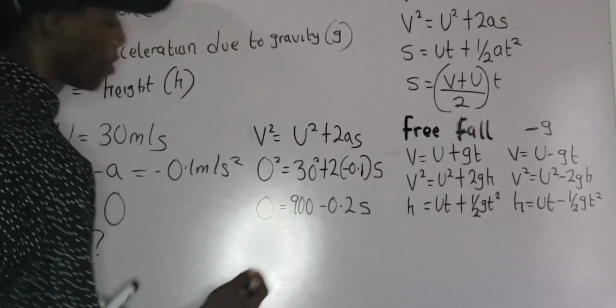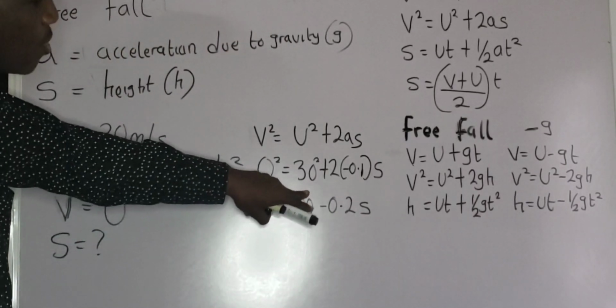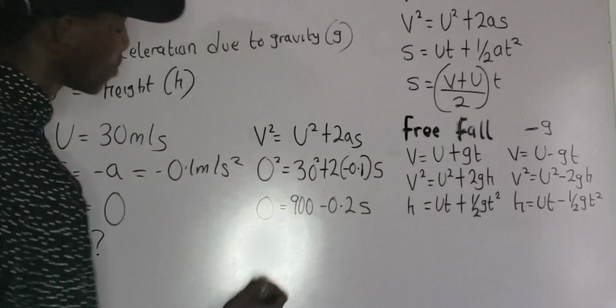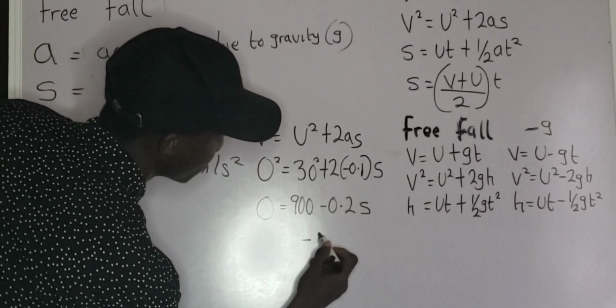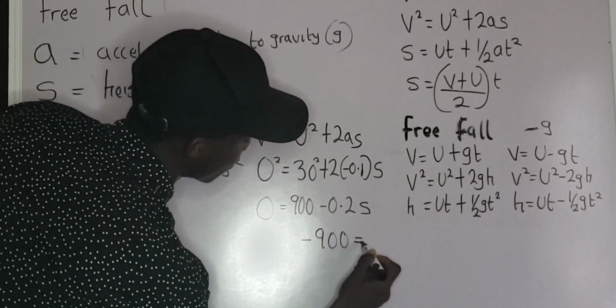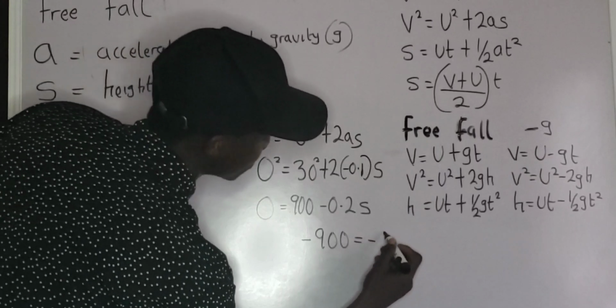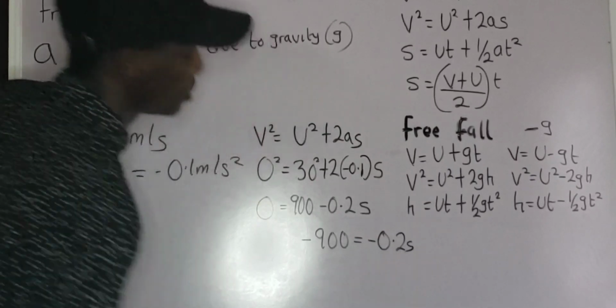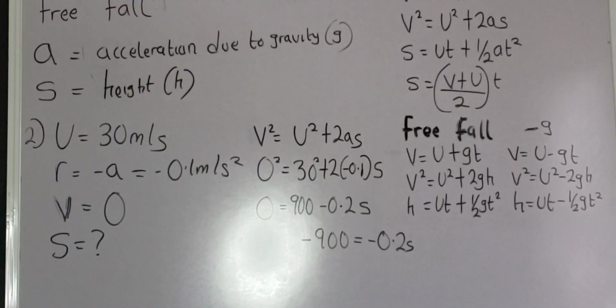Okay, so the next step is that I'm going to move this 900 to the other side of the equation. So I'm going to have minus 900 is equal to minus 0.2s. Do you understand? So what are we going to do next? The next step is that I'm going to divide both sides by negative 0.2.